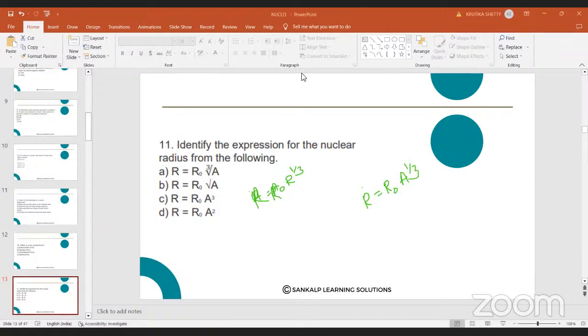This is the relation between the radius and the mass number. So now you can see the expression, whether it is option A, B, C, D. Yes, Rakshita, correct. Kumar, yes, correct. Harshita, very good. So this is option A. R is equal to R naught cube root of A. Option A is correct.